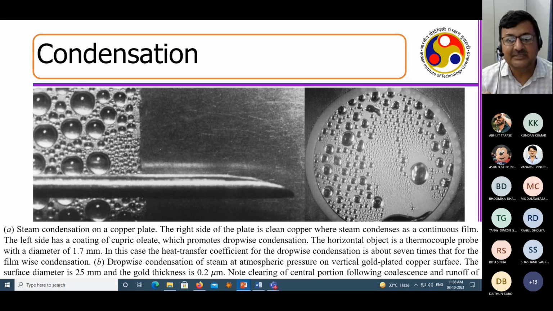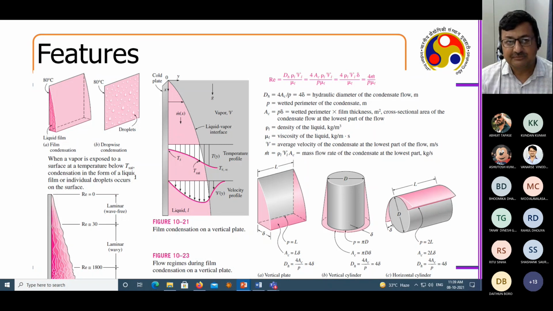Immediately you will find there will be condensation. Condensation means the water vapor that is there in air will be below its dew point, and it will condense on the surface. Now this also has a huge influence on the heat transfer characteristics.